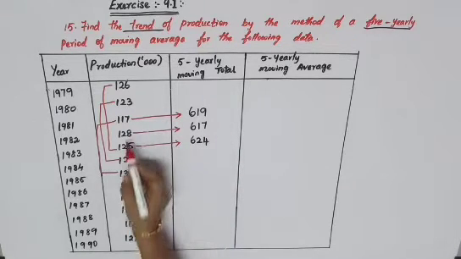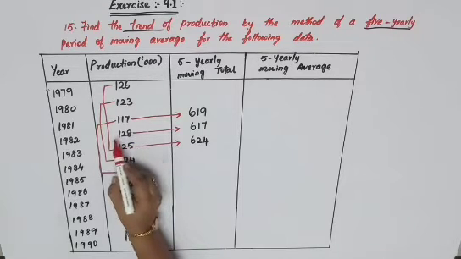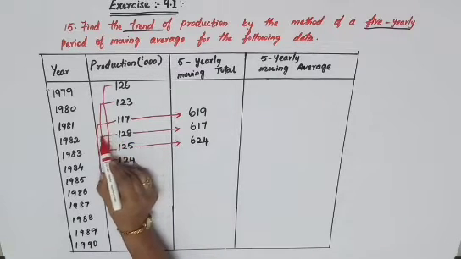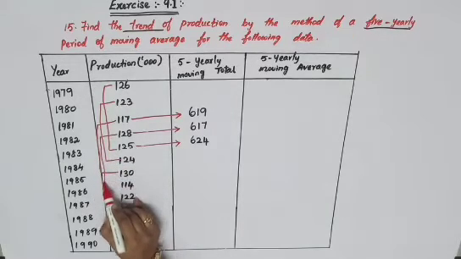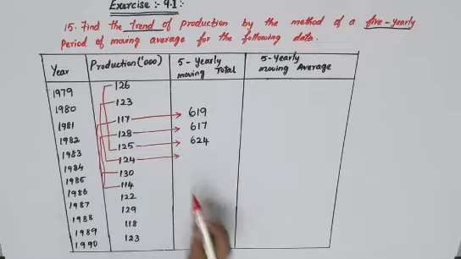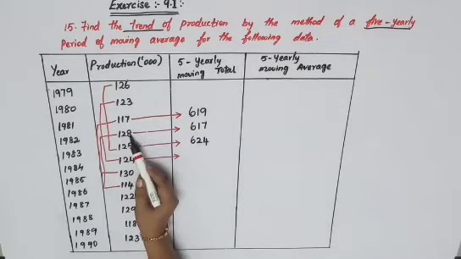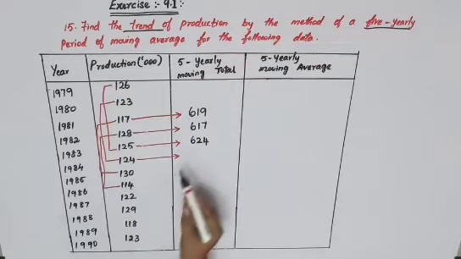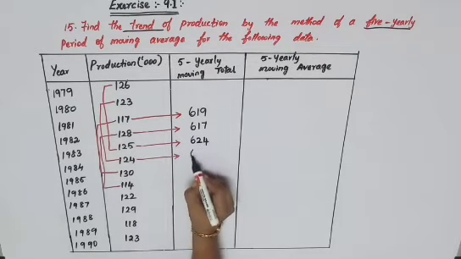So 117 is over. Now you will have to start from 128. Be careful when you are taking. So from 128 to the next number, and to the middle number you will have to write your total. Starting from 128 to 114, the total will be 621.